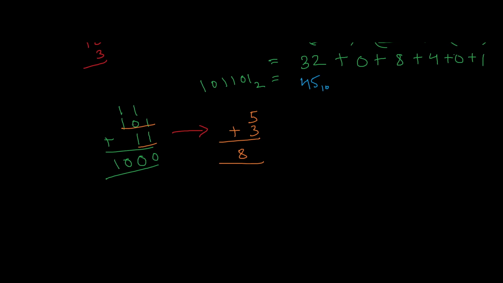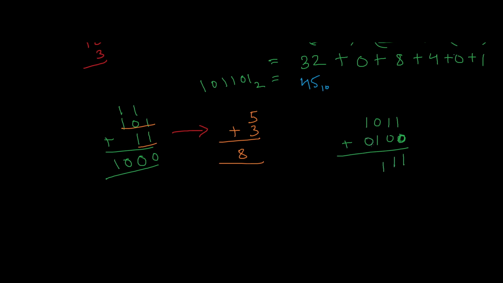I encourage you to practice with more numbers. In fact, let's do one more problem right here, right now. 1011, and let's add 100. 1 plus 0, that is just going to be 1. 1 plus 0, it's just going to be 1. 1 plus 0, that's just going to be 1.